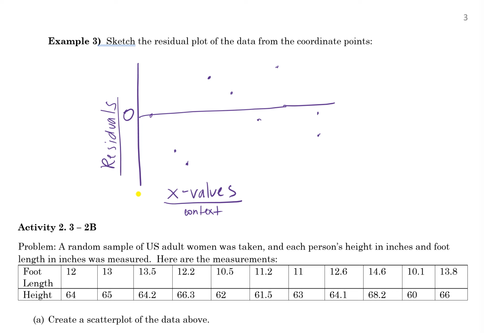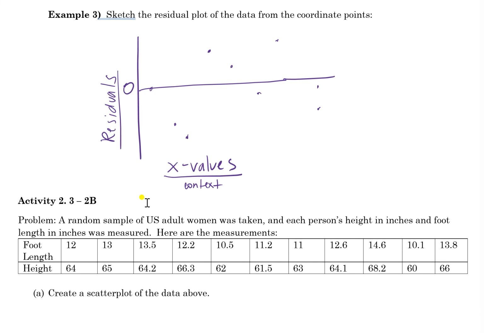Okay. So what I'm going to have you do now for the rest of this lesson is you are going to now do this activity. This activity should kind of put together everything you've done so far for scatter plots. And it's really important that you can do everything from this activity.